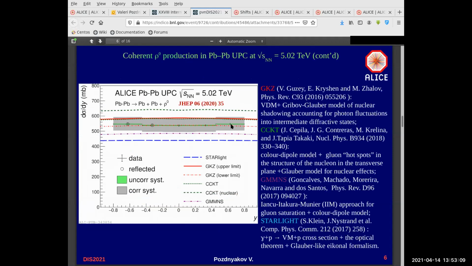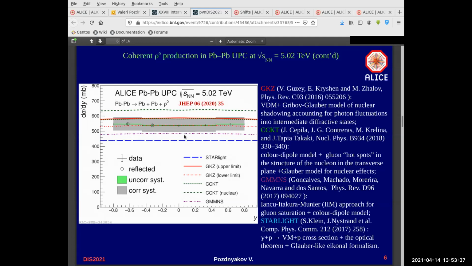coherent rho-zero photoproduction, and as you can see, we are limited in our accuracy. We are limited by correlated systematics. And you also see a few predictions for the whole sample without any splitting for rho-zero.